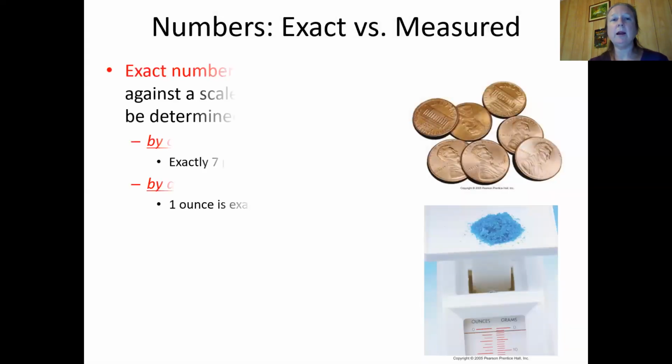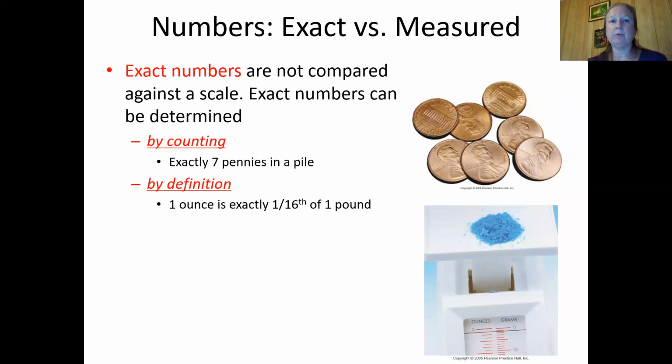Now there are 2 types of numbers. An exact number is going to be the same no matter who takes the measurement. So if you count pennies, as the example, if I count pennies, I'm going to count 7 pennies. If someone else counts pennies, they're going to count 7 pennies.